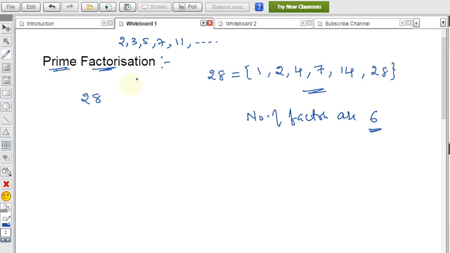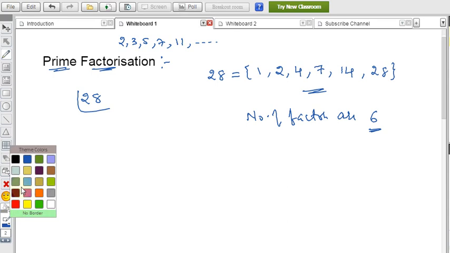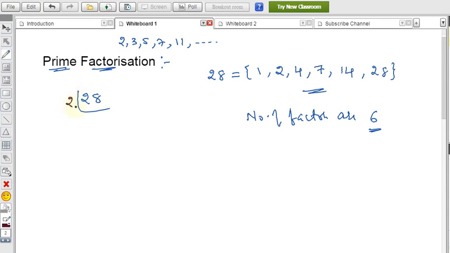Using these prime numbers, we have to divide the given number 28. The first prime is 2, so I am dividing by 2. If it is not divisible by 2, then I go for the next prime number. 2 into 14 is 28.